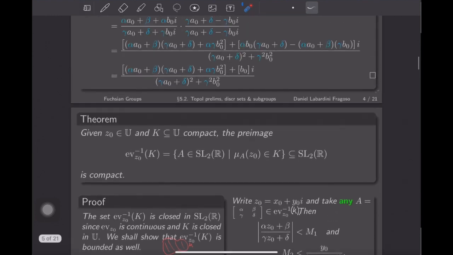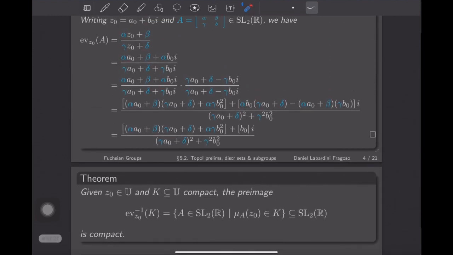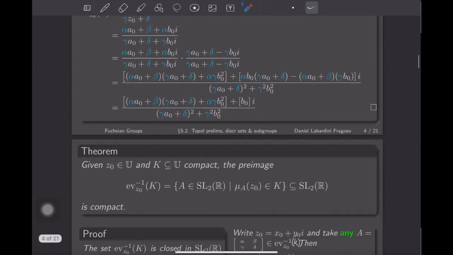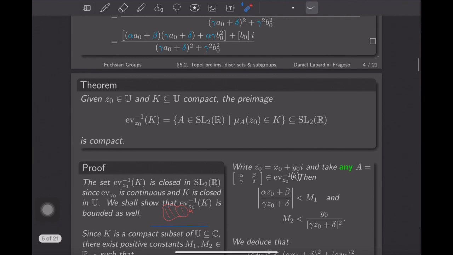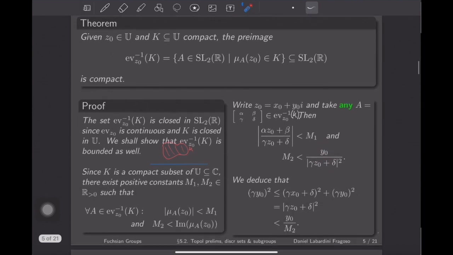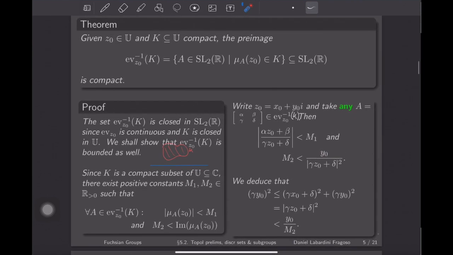Actually, it's here, right? So, well, of course, here it's a y naught instead of b naught. So this is just a rewriting of these two inequalities explicitly in terms of the entries of the matrix A.